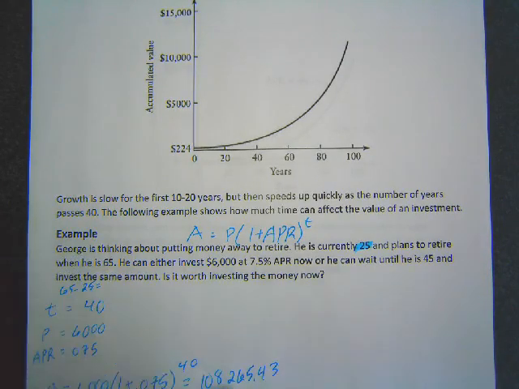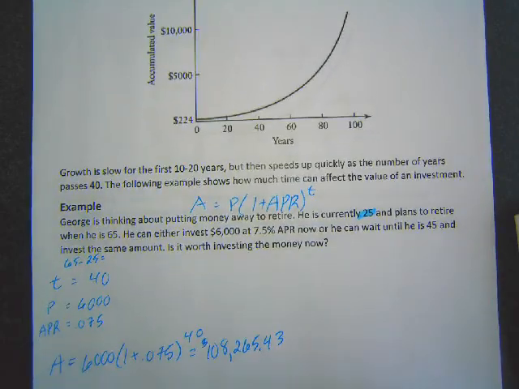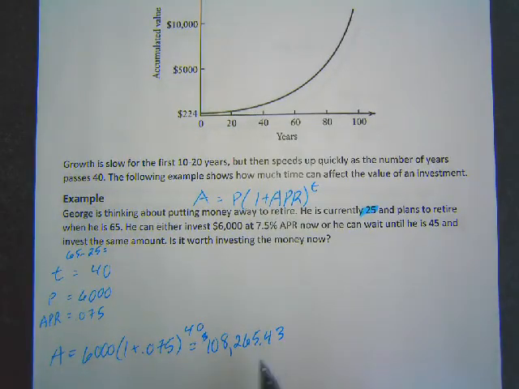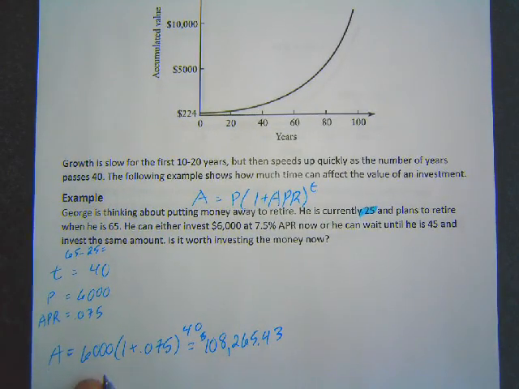I don't really need the pennies. I'm sure he's not worried about that when he's looking at $108,000. If he invests that now and just lets it sit for 40 years, he's got $108,000 when he goes to retire.